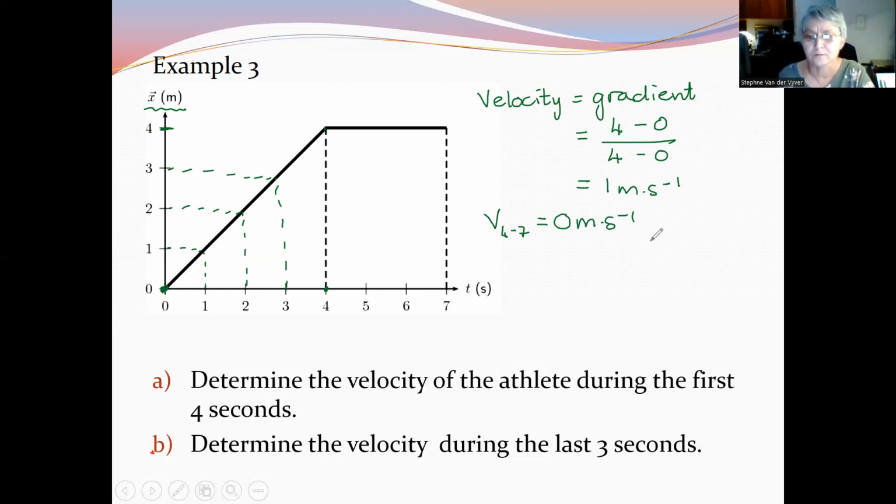The gradient of the graph is 0. That is why I know that the velocity is 0, because 4 minus 4 is 0, divided by 7 minus 4, which is 3. So we get 0 meters per second as velocity.